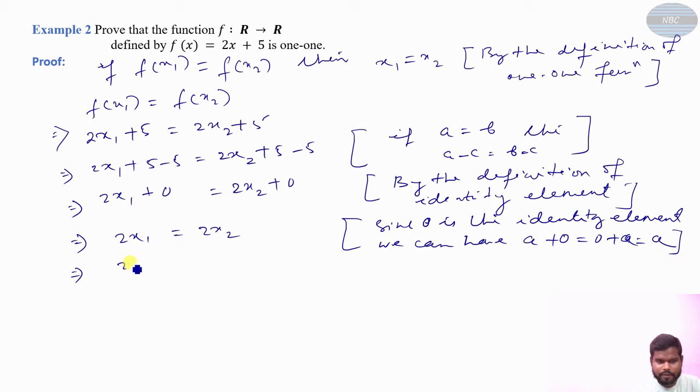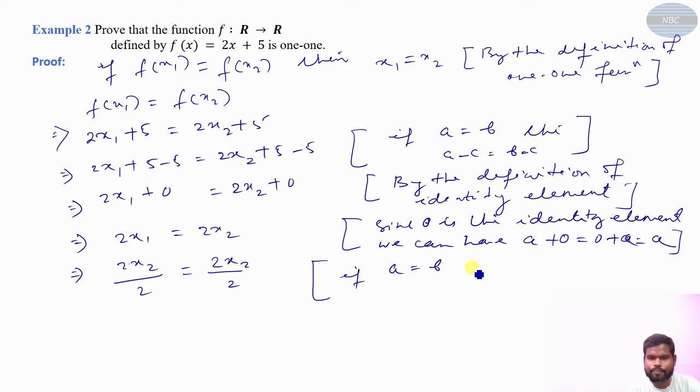Now we can have 2x1 divided by 2. Now we'll divide the same quantity on both sides. If you divide the same quantity on both the left hand side and the right hand side, then the left hand side is always equal to the right hand side. So if a is equal to b, then a divided by c is equal to b divided by c, where c is not equal to 0.